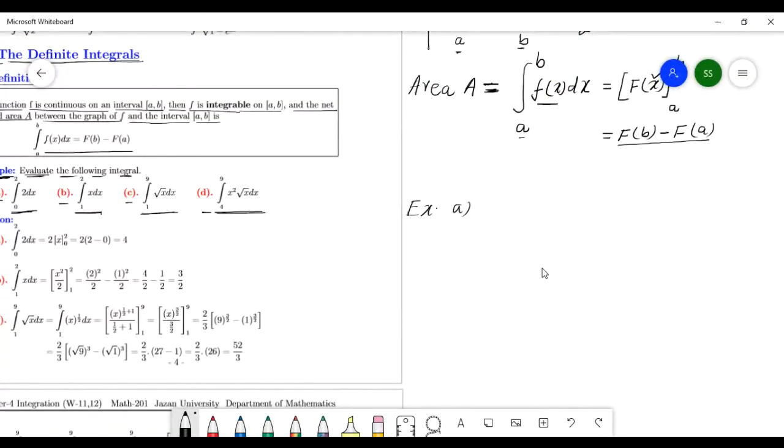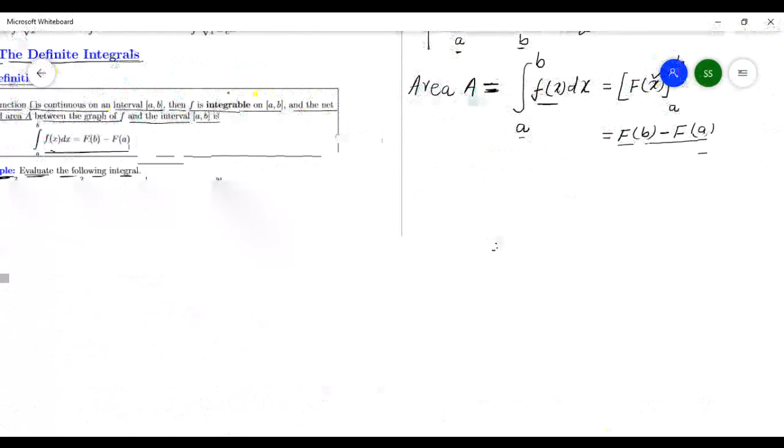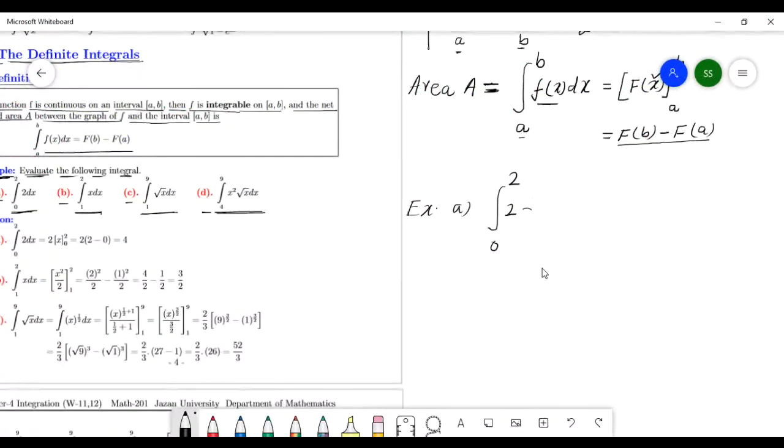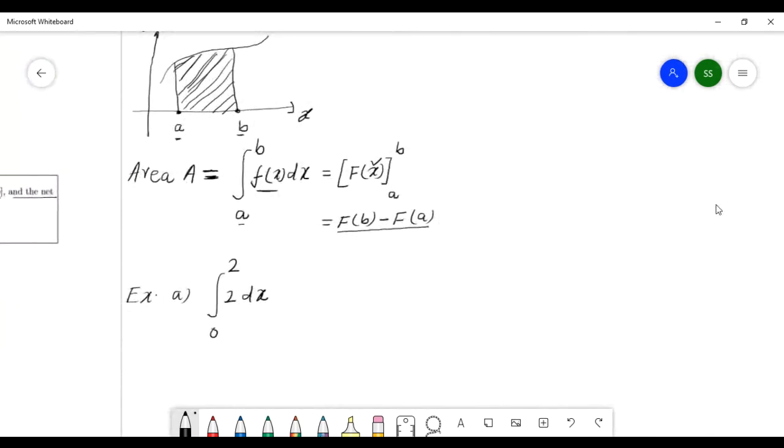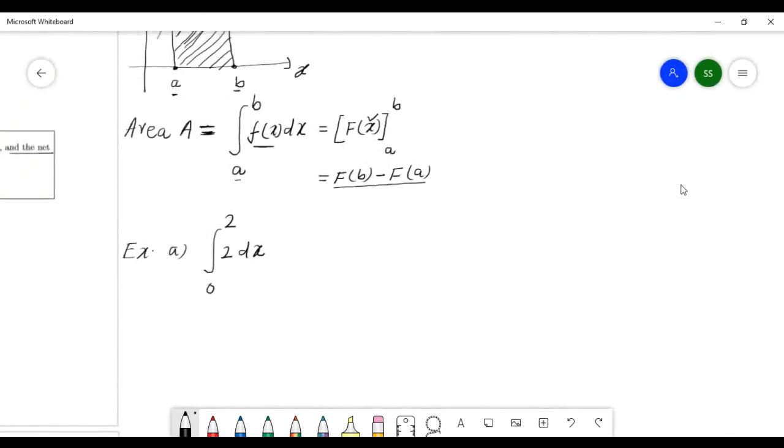Number A, find this integral from 0 to 2 of 2 dx.